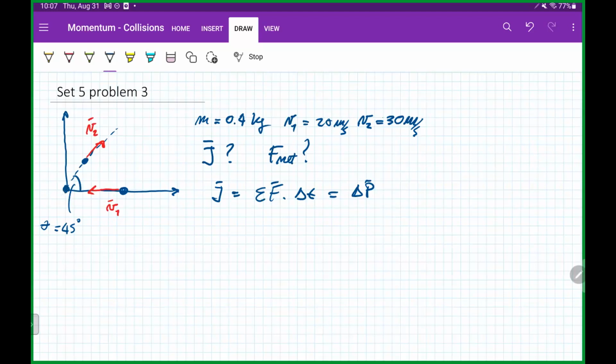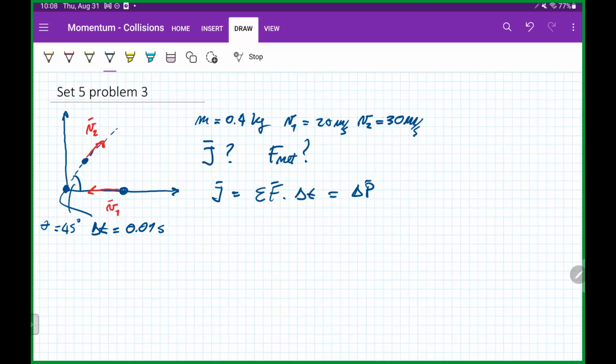So we have that for the actual kick. The actual kick is taking place at a delta T of 0.01 seconds. So that's the time in which the ball is in contact with the foot that is kicking it.